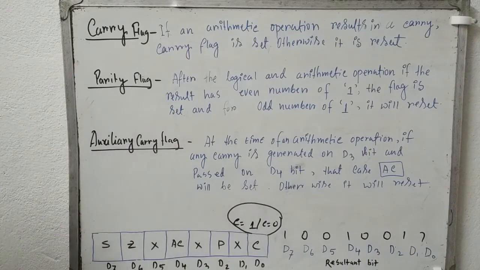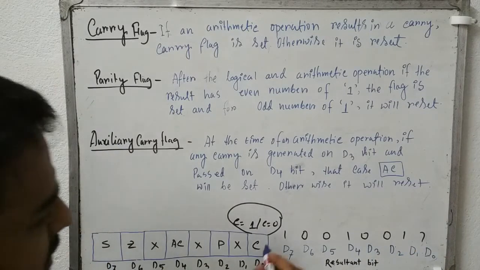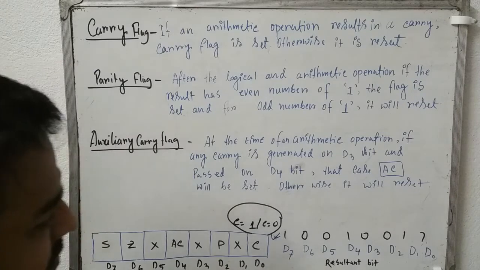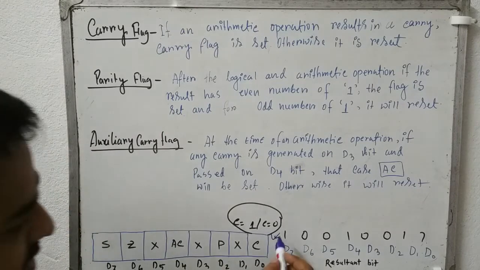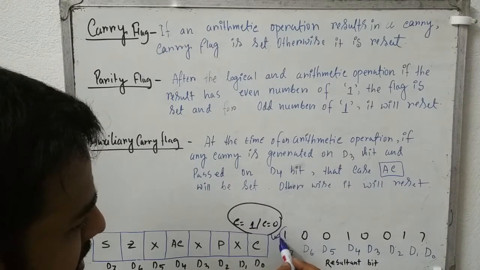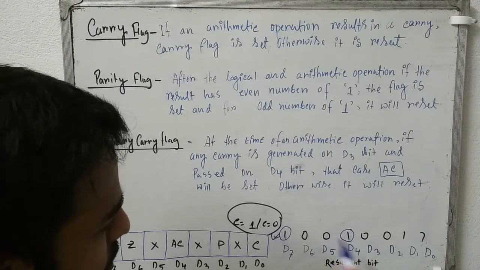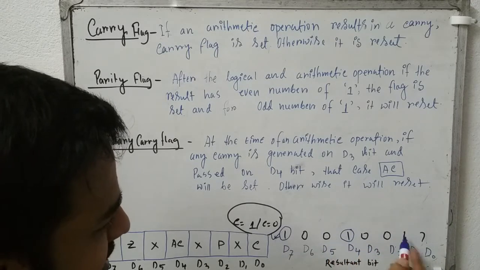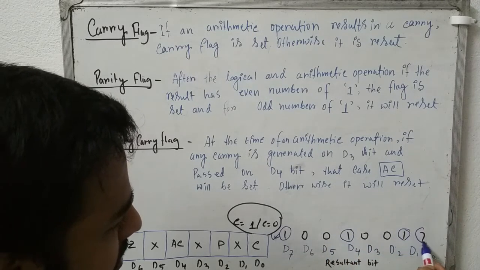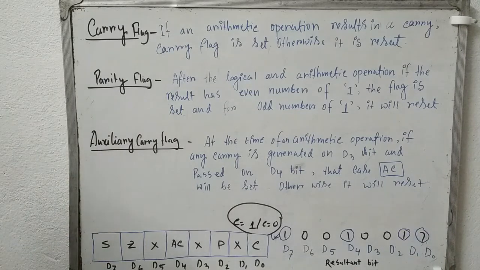How many 1s exist in this 8 bit number? Four 1s. So we have got an even number of 1s.